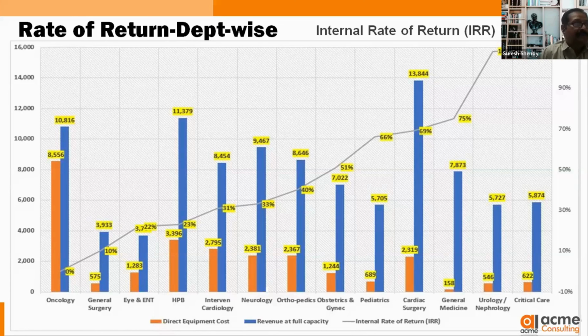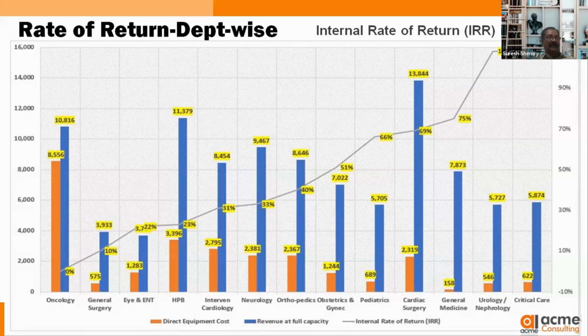85 crores. Whereas these are all in lakhs, so it is 85.56, and then the revenue is only 110.86. And when you are comparing with the critical care, you can see that the equipment cost is very less, that is 622, and the revenue is 5874.